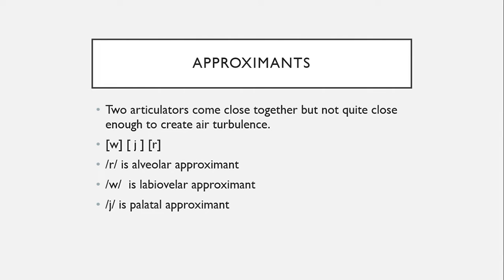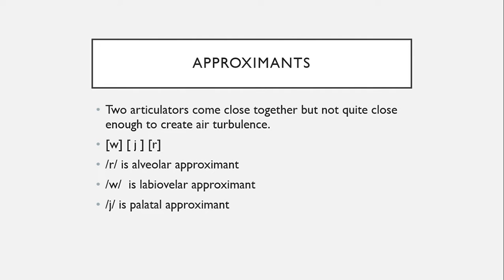Next is approximants. Why are these called approximants? Because when the articulators produce these sounds, they come close together, but they do not come properly in contact with each other. When they come close but not close enough, they cause a sort of air turbulence.